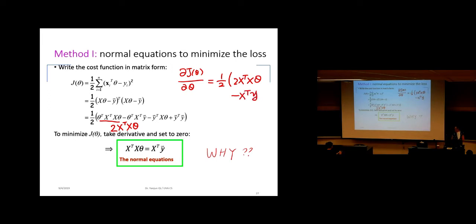And then the third term. Look at the second term and third term. They are actually inner products of the same thing. The second term will also give you, and the third term, the y transpose.